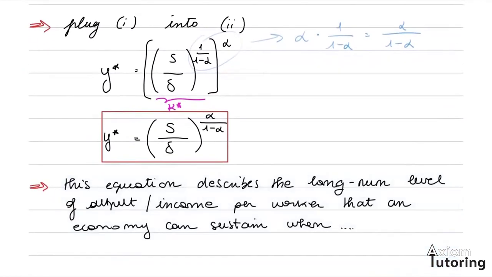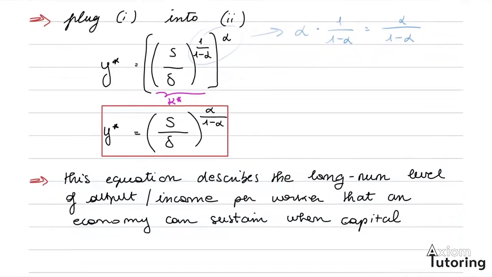So this equation describes the long run level of output or income, depending on how we want to define it, per worker that an economy can sustain when the capital per worker has reached its steady state. When I write SS, I mean steady state.